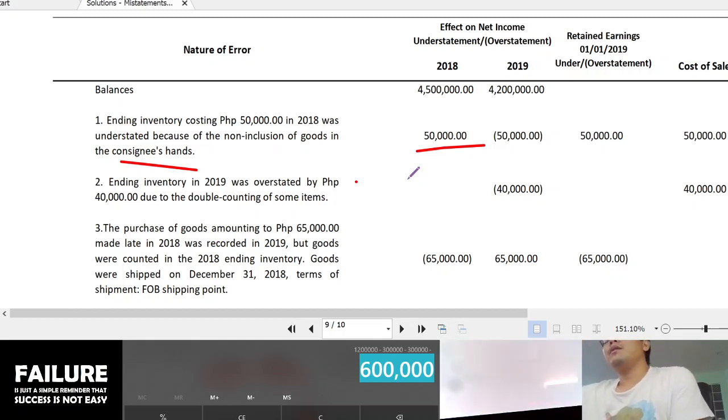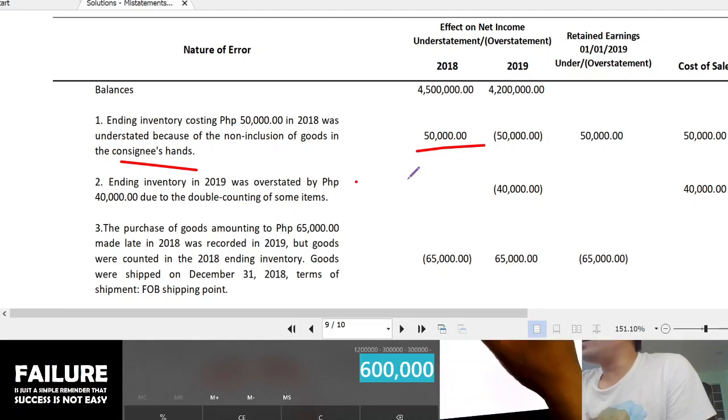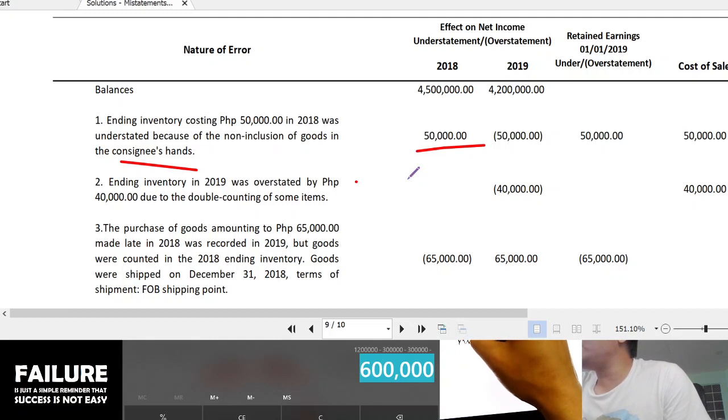Para mas madali natin maintindihan na concept, example lang. Assuming we have a beginning inventory of 0, assume amount. Then we have purchases of, let's say, 100,000. So we have a total goods available for sale of 100,000.